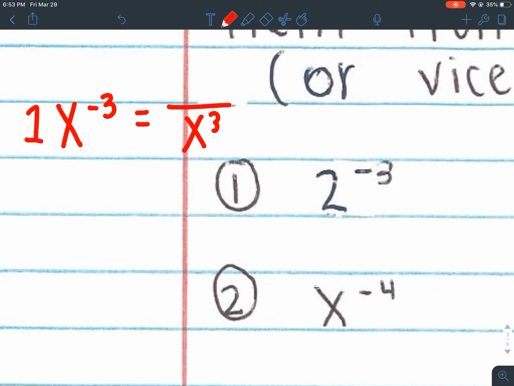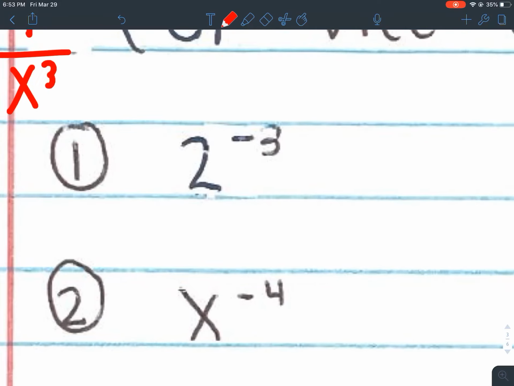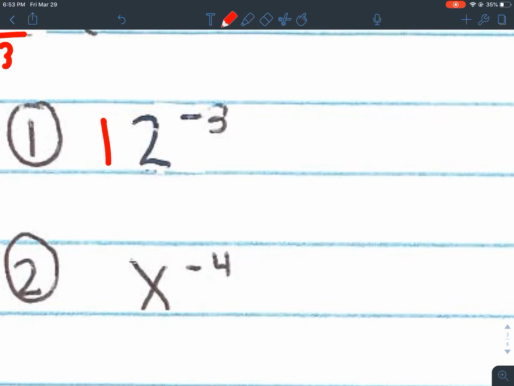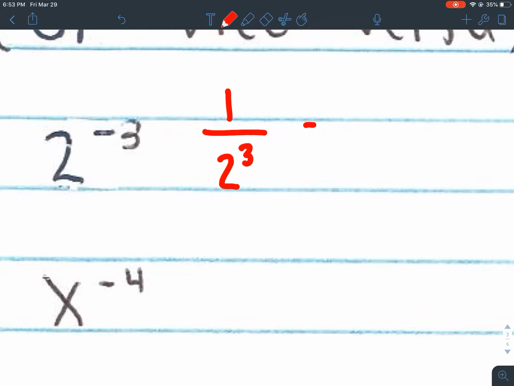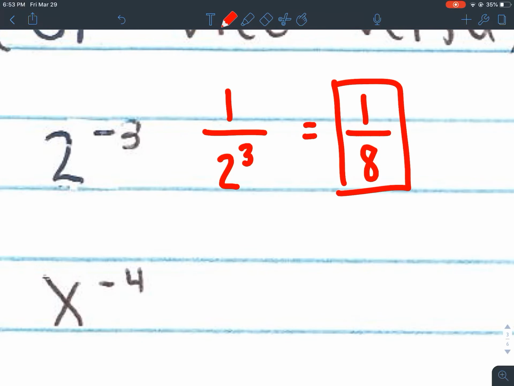Well, remember, there's technically a 1 up here. We just don't write it. That's going to stay up there, okay? So here, I technically have a 1 in the front, so that's going to stay at the top. And then my 2 to the negative 3 is going to move to the bottom and become positive. I can actually put 2 to the 3rd power in my calculator, so that's going to be 1 over 8. Okay?